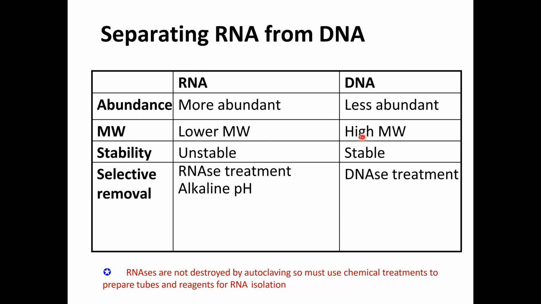When you separate RNA from DNA, of course, you need to understand their characteristics, because they are very different. In terms of abundance, there is a lot of RNA in the samples. You could isolate, let's say, 80% RNA from your nucleic acid sample, while DNA is much less abundant, so it's more difficult to isolate.